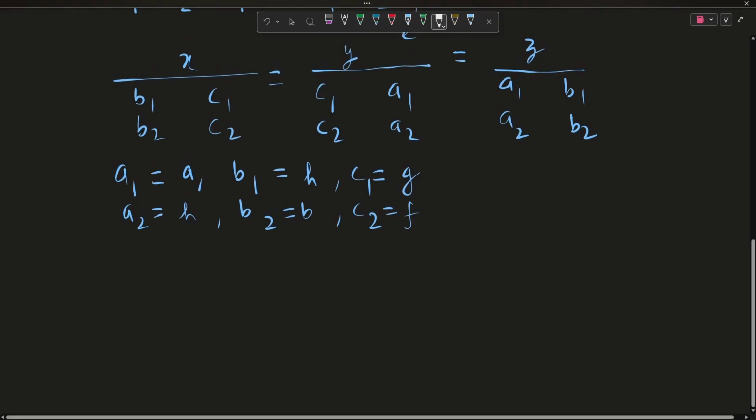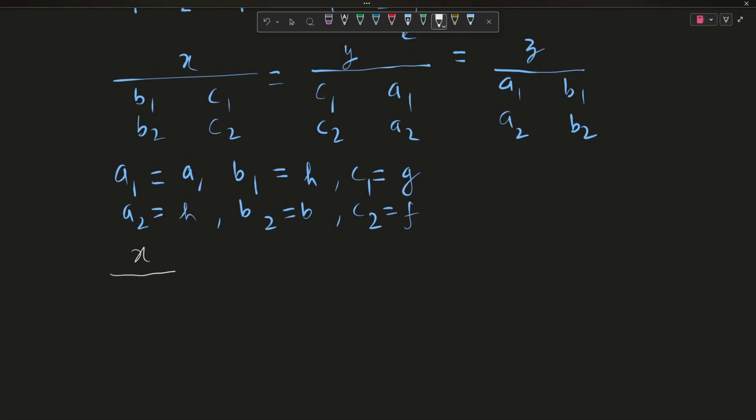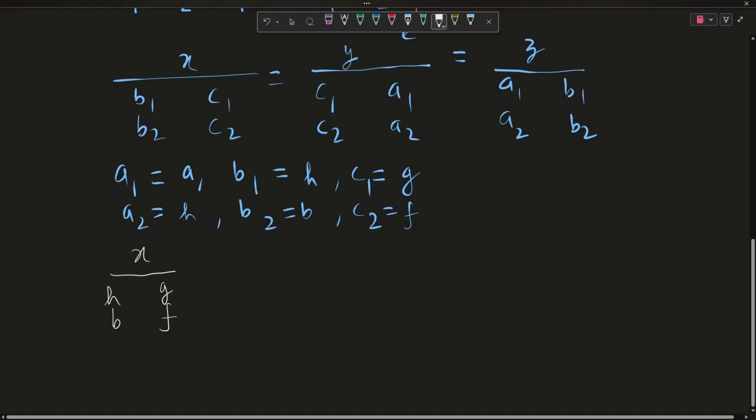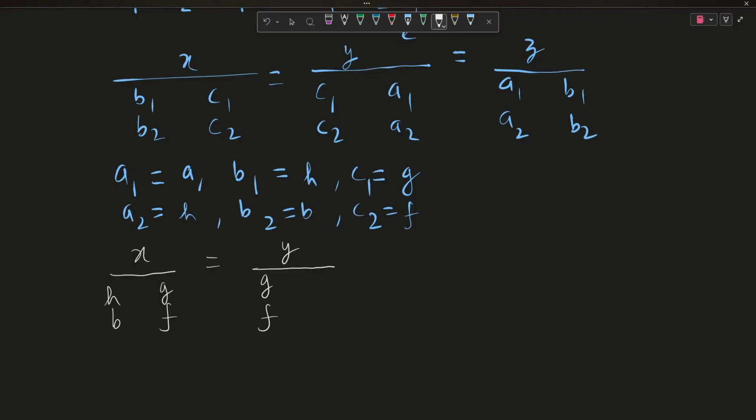As x upon b1, b2, which is h upon b, and c1, c2, which is g upon f, is equal to y upon g upon f and a upon h, and z upon a upon h and h upon b.